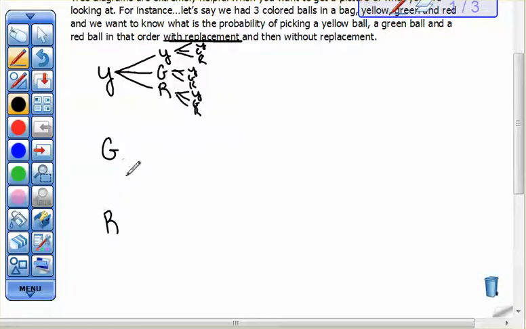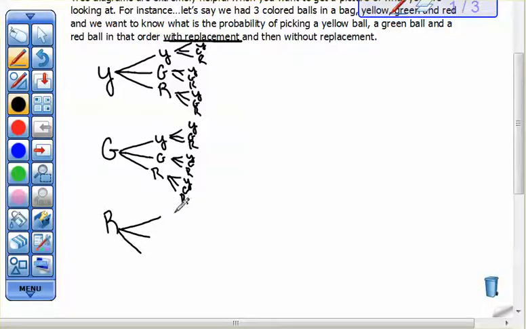Now, we would need to go through and finish out our tree diagram, because what if we picked out the green ball first, and then we could get a yellow, a green, or a red, and so on and so forth. Now we have 18 different possibilities in our sample space, but we haven't even taken into consideration the red ball yet.